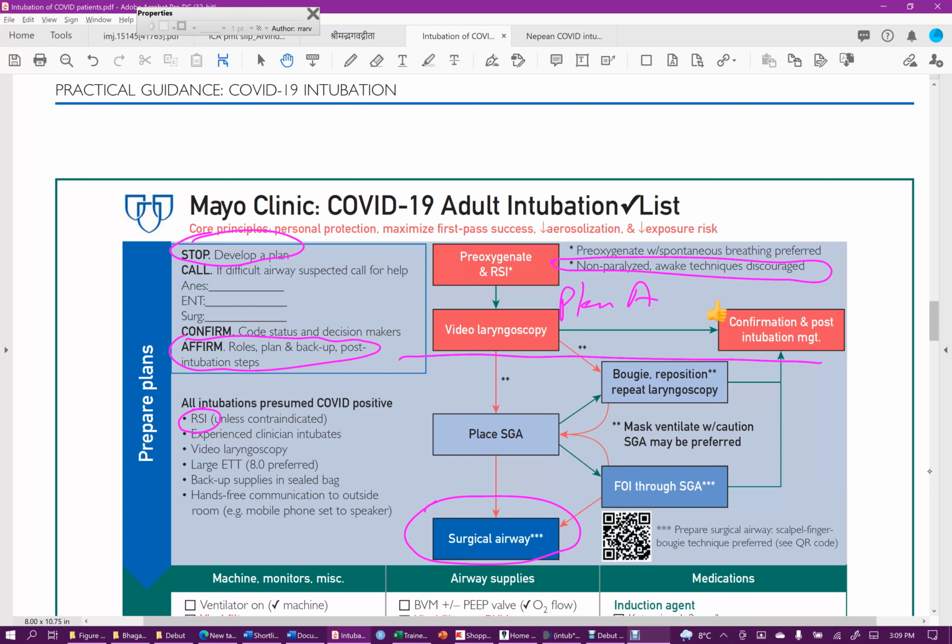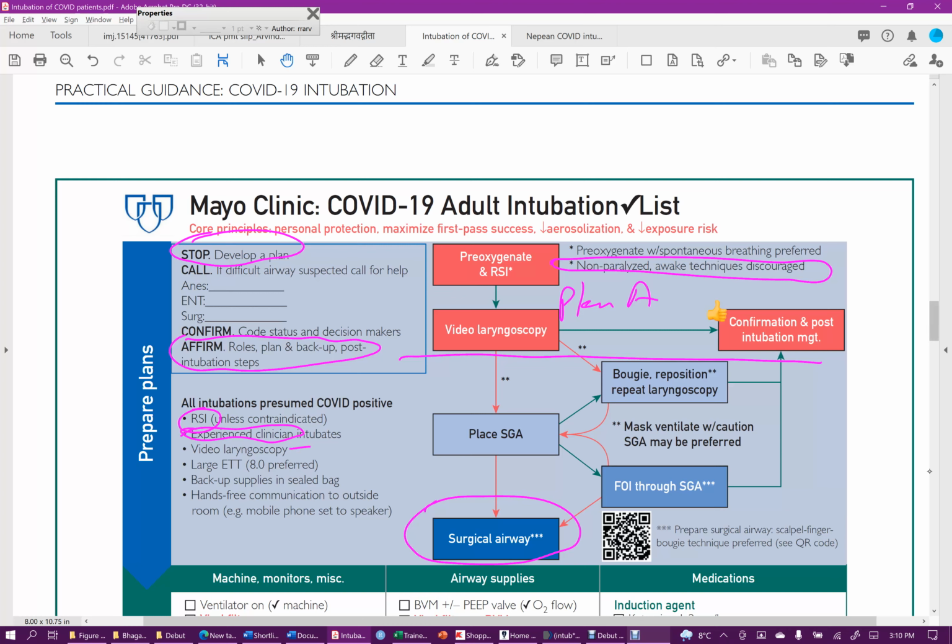The reason is that suxamethonium has a defined visual endpoint of fasciculations, whereas rocuronium is time bound. You look at the time and you don't really know whether the rocuronium has worked.